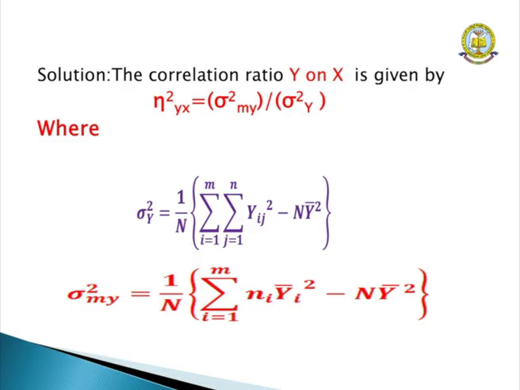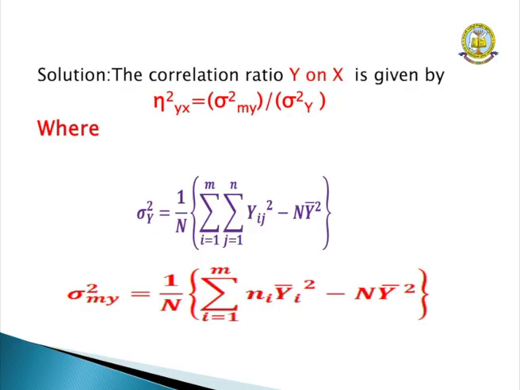Already you know what sigma square y is. Sigma square y is equal to 1 by n into summing over i is equal to 1 to m, j is equal to 1 to n, of yij whole square minus n into y bar square. One more notation is available in our numerator, sigma square my. What is the sigma square my formula?